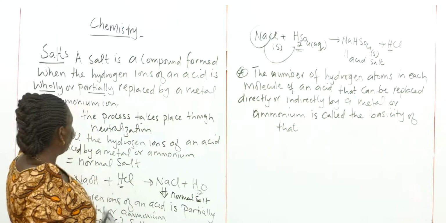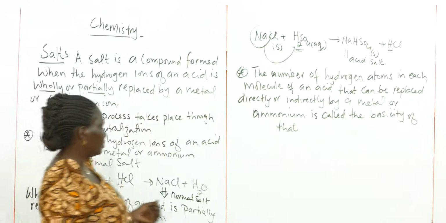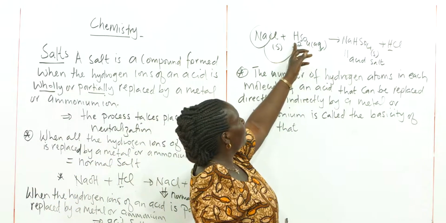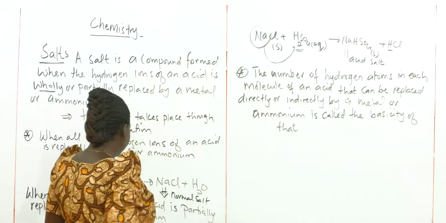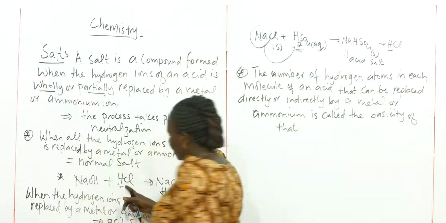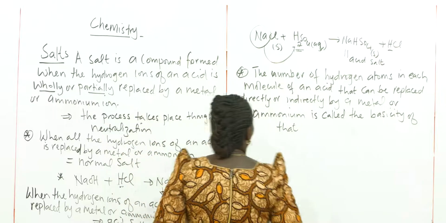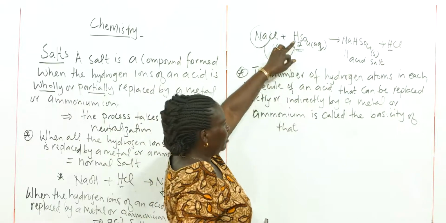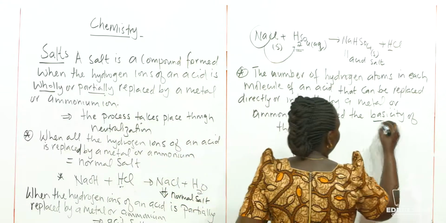For example, this is the number of hydrogen atoms in hydrochloric acid, and this is the number in sulfuric acid. So here we have one hydrogen atom in hydrochloric acid, and two hydrogen atoms in sulfuric acid. So this number is called basicity.